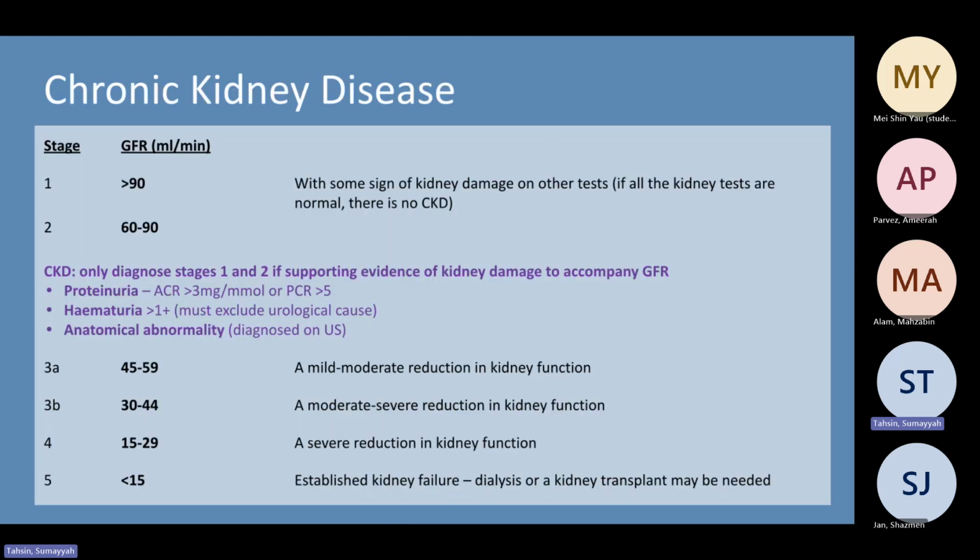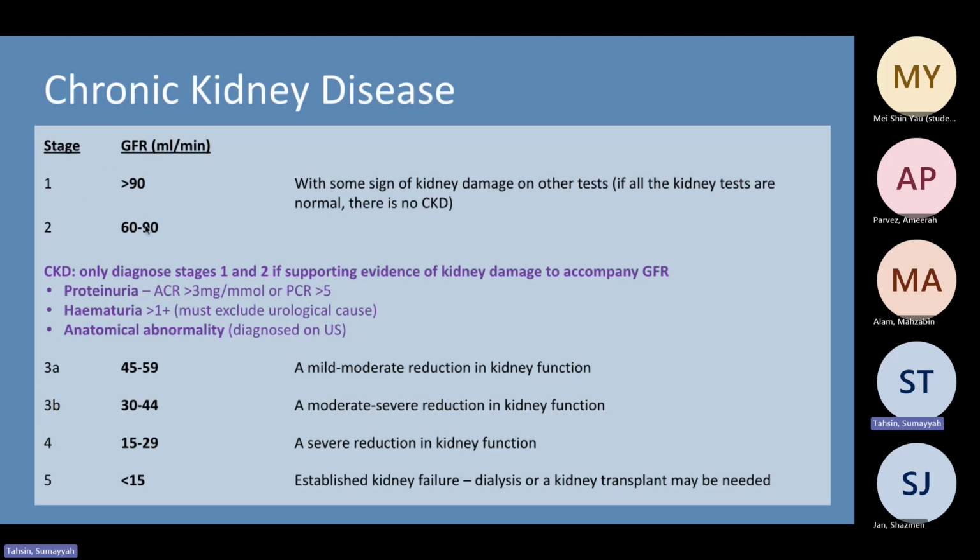So in this slide, we can see the staging a bit better. Stages 3 to 5, anyone who has a decrease in their eGFR of less than 60, they automatically have kidney disease, and this can be diagnosed with eGFR alone because there's been a significant deterioration in their kidney function. Whereas for stage 1 or 2, you need additional evidence of kidney damage, for example, proteinuria.